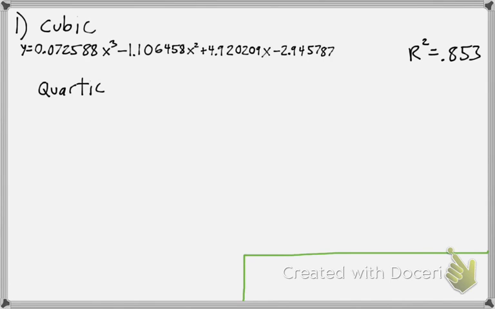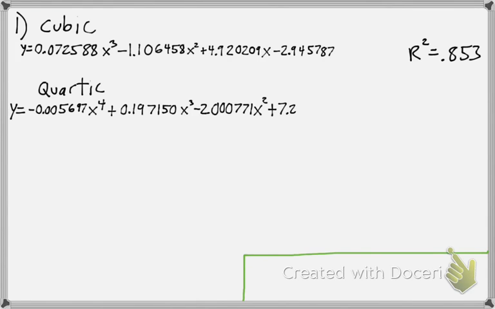Okay, so let's calculate a quartic now, and the quartic is going to be y is equal to negative 0.005697 x to the 4th plus 0.197150 x cubed minus 2.000771 x squared plus 7.259095x and minus 4.577798.